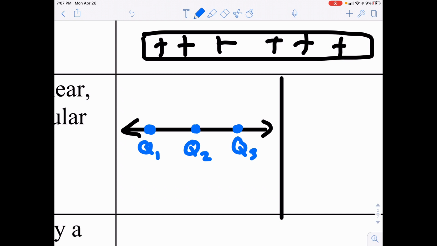Okay, and maybe we're looking for the net force on charge 1, or charge 2, or charge 3. Or maybe we're looking for the net field at some isolated location.